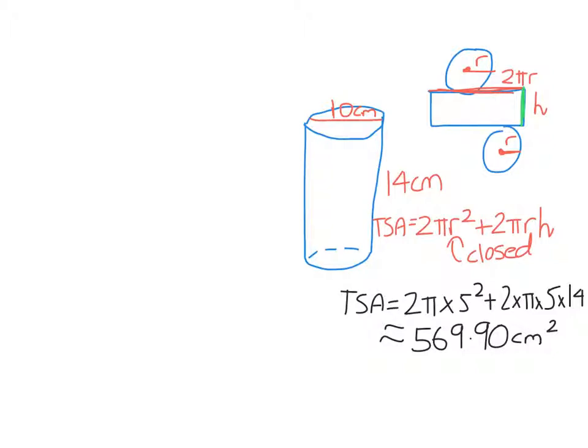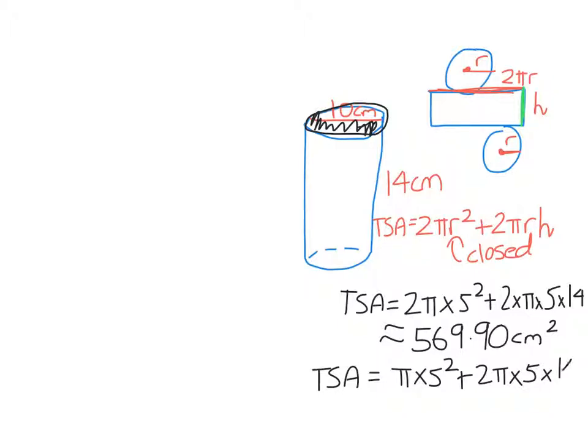Let's say that this one was open and that I took away this circle at the top. I got rid of it. Well, then the total surface area, it only has one circle. So it would be not 2 pi r squared, but pi times r squared plus 2 pi r h. That part, the 2 pi r h, the rectangle wouldn't change.